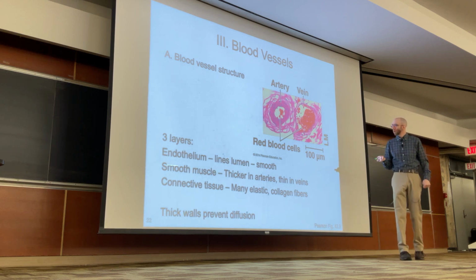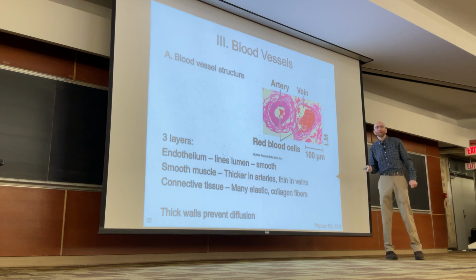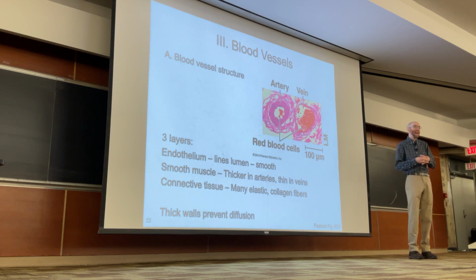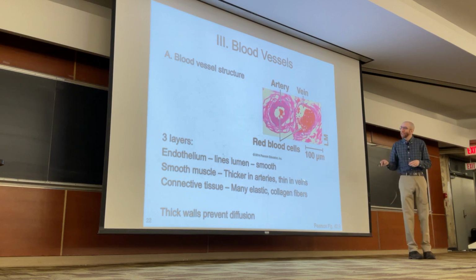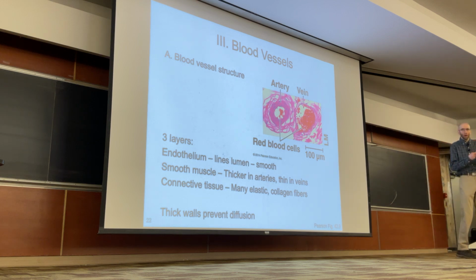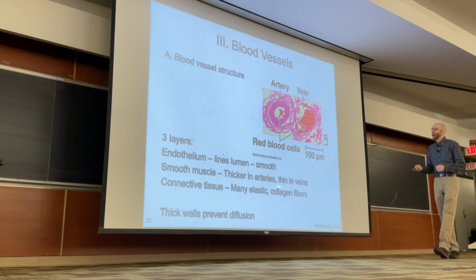Smooth muscle is going to provide some structural rigidity and also affect the diameter of the blood vessels. We see this much more in arteries compared to veins, because arteries are under high pressure. So you need more muscle to make that structure secure. And then you also have connective tissue.